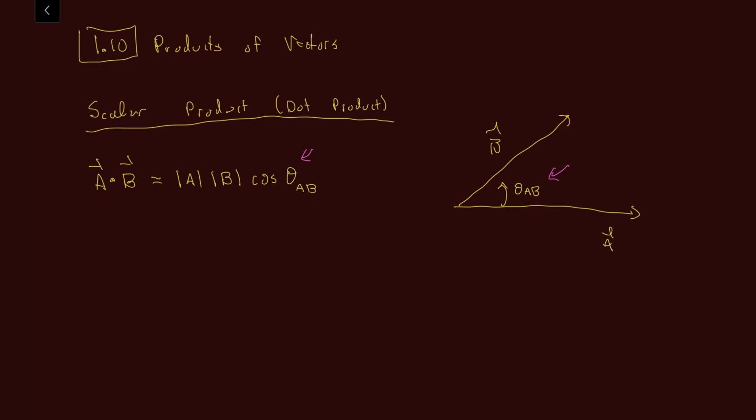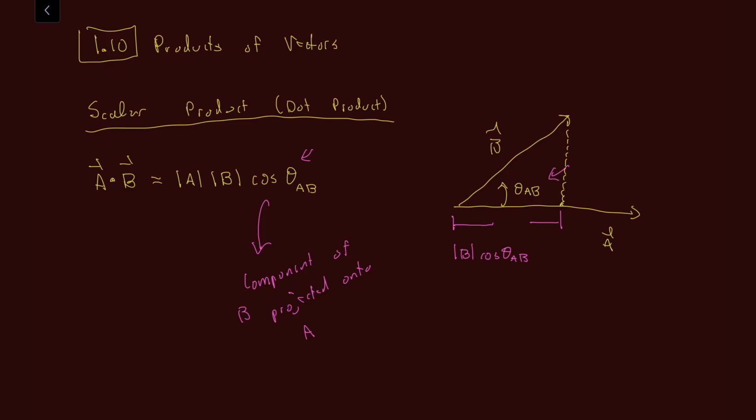Now, one way we can look at this is to draw this dashed line here going down, and you should notice that this section right here is the magnitude of B cosine theta AB. It is the x component of B in a sense, or let's write this down, this is the component of B projected onto A. That is what this drawing illustrates here.